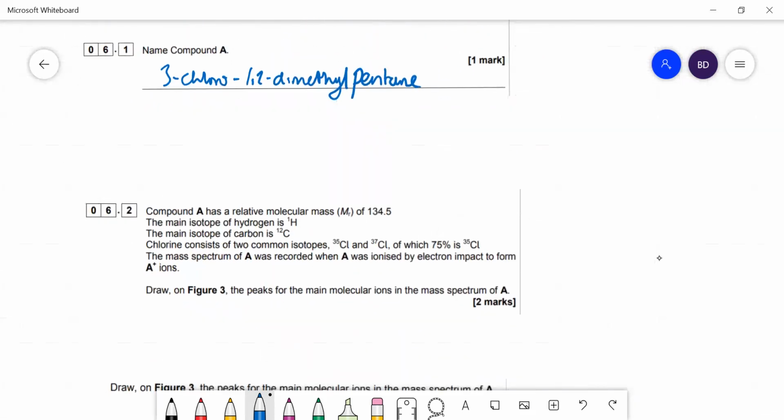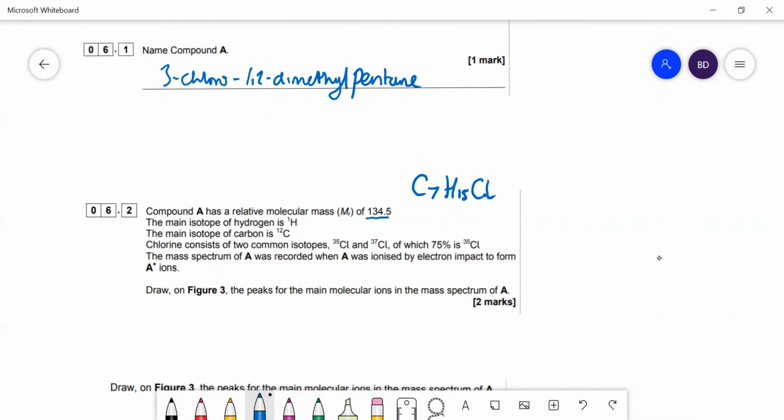Okay, right now, compound A, which we said it's C7H15Cl, you counted up, has got a relative molecular mass of 134.5.